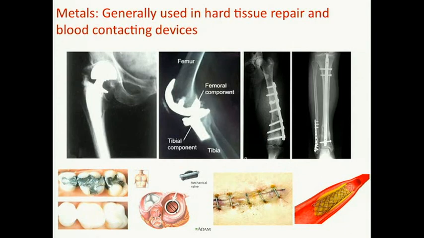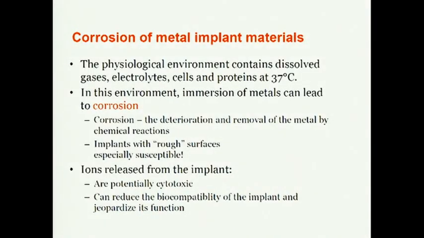So as I said, they are used in blood contacting devices and hard tissue repair. Corrosion is a very important issue that generally diminishes the success of the metal implant, because you have to remove it if the corrosion happens.